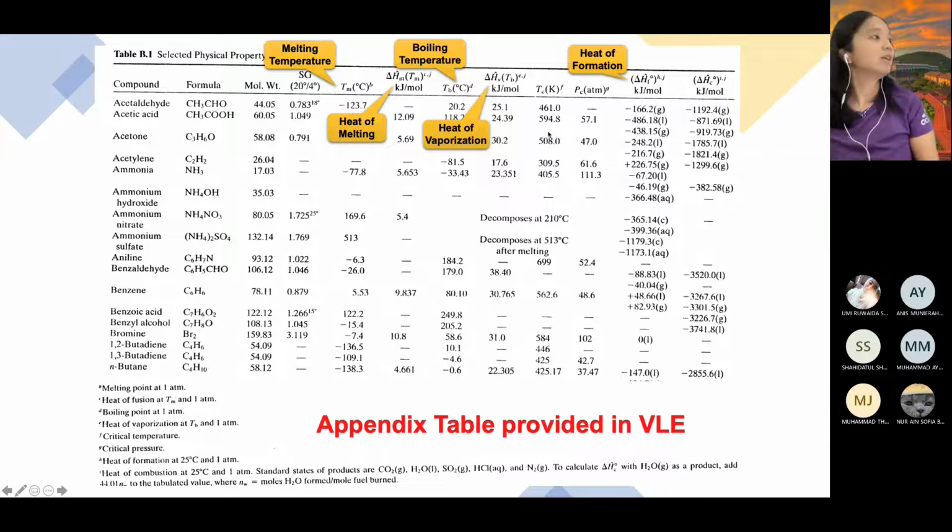Kalau kamu tengok sini, I come back to the melting temperature. Melting temperature dia kata, kalau kamu tengok bawah, melting temperature at 1 atmosphere. Heat of melting diletak sebagai heat of melting sahaja, tak kata apa-apa. But heat of formation, dia ada reference condition dia.